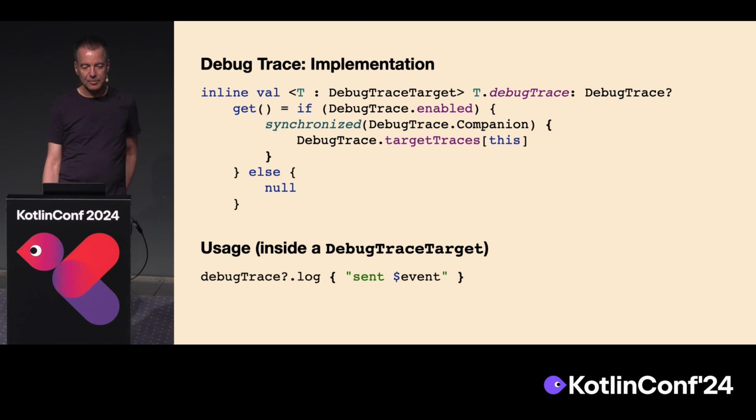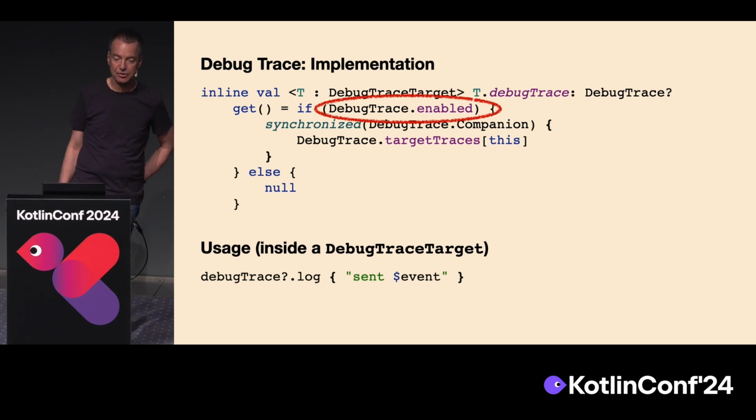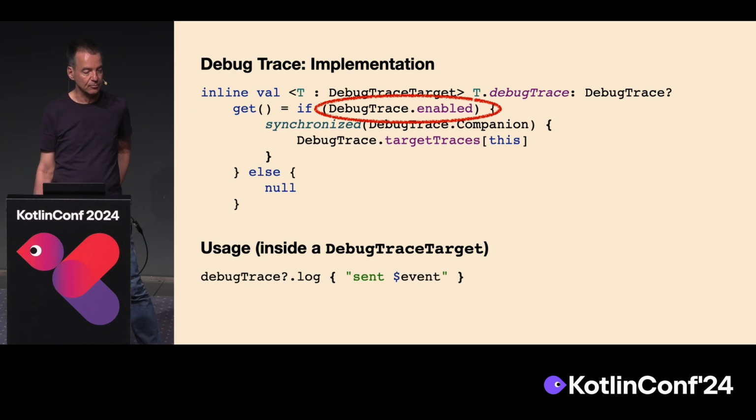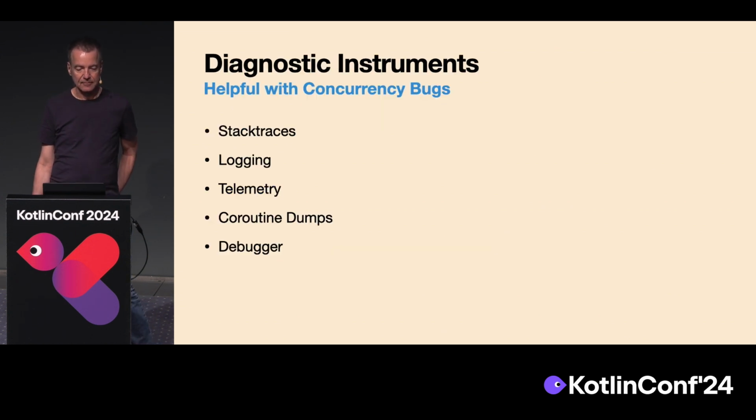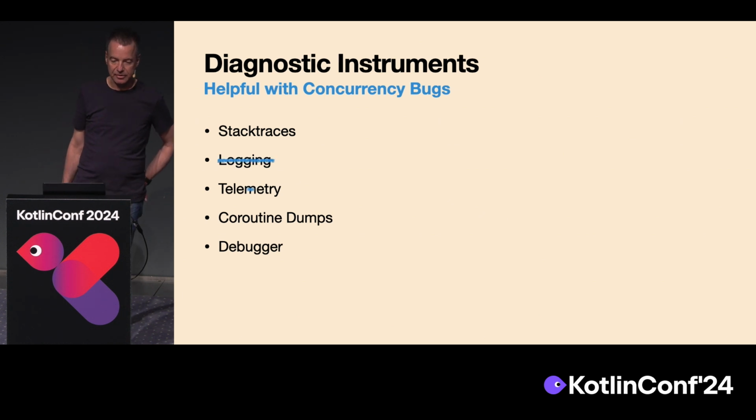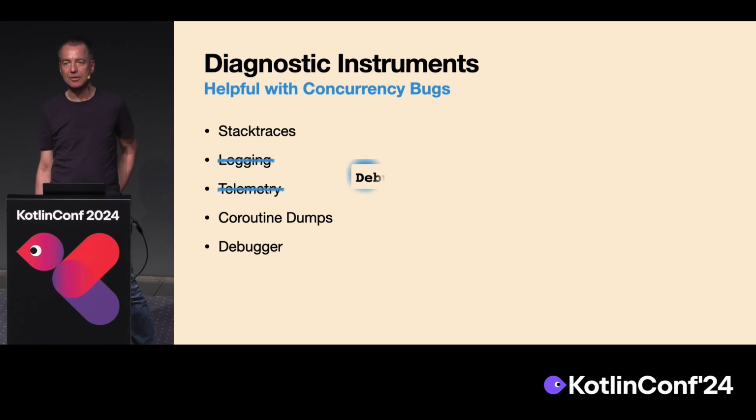The debugTrace property is a simple extension property which is just null when no debug trace has been created for this target object. And there's also a switch to completely disable it in production, so the debug trace overhead in production is basically 0. So instead of logging and telemetry, we can use focused debug traces.